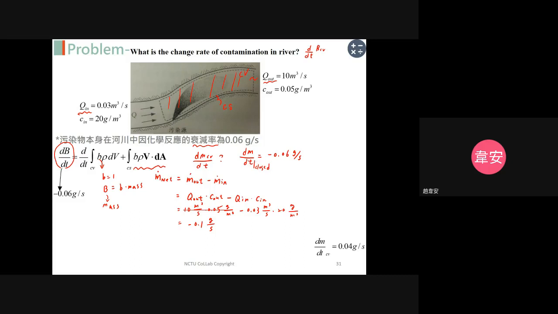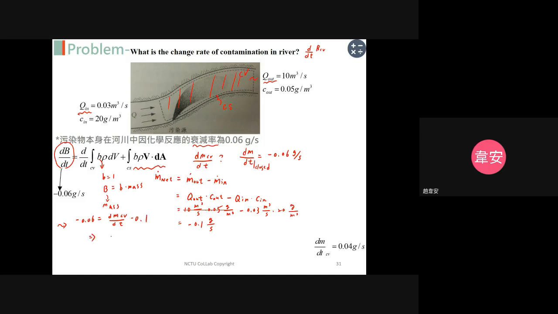Okay, so the closed system mass rate change is minus 0.06, and the net mass outflow rate is minus 0.1. So we summarize the equation. The left-hand side is minus 0.06, and we don't know the mass change in the control volume with time. The right-hand side is the net outflow mass, which is minus 0.1.